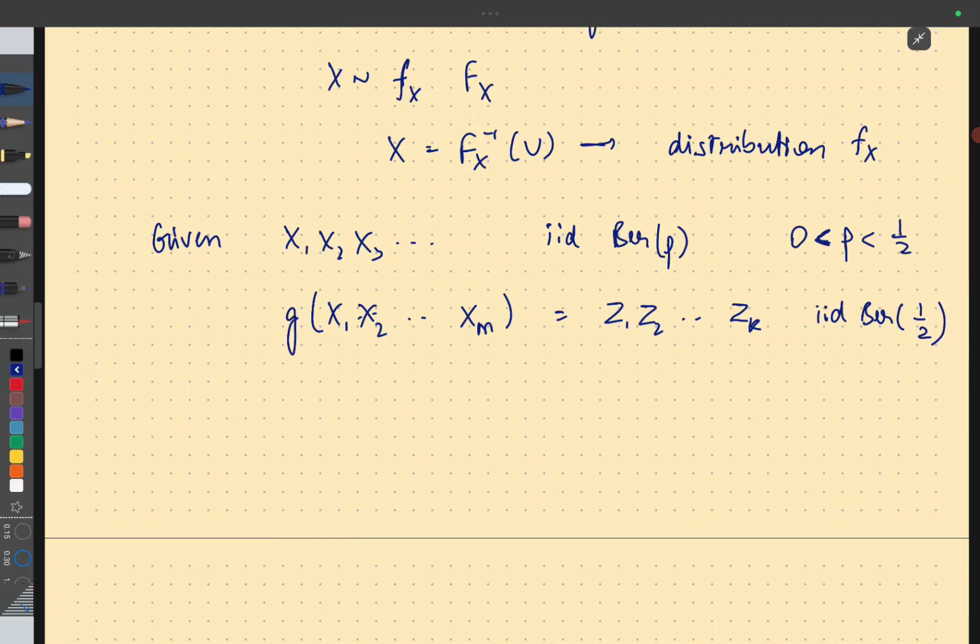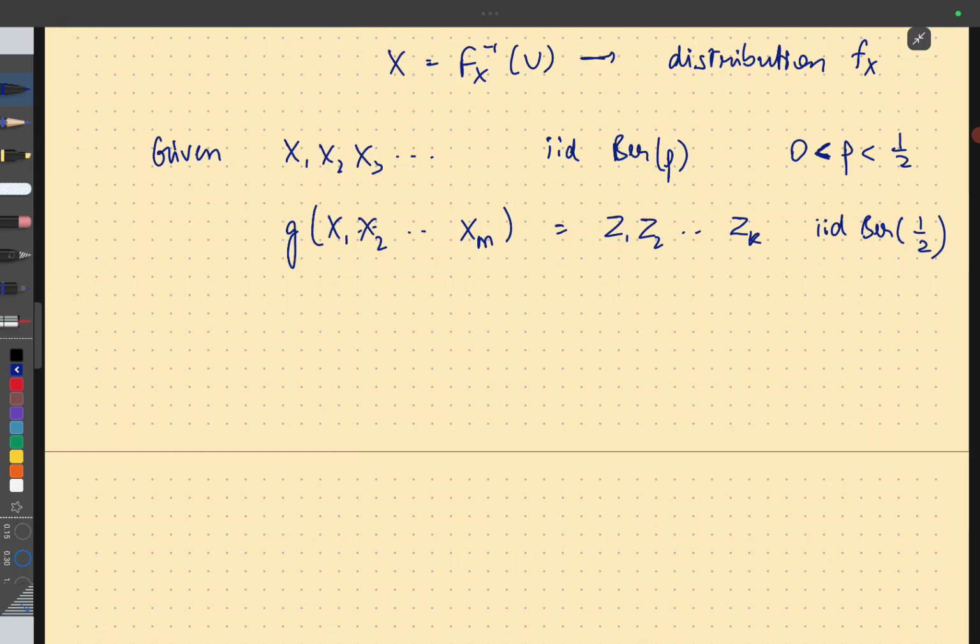We'll allow it to be variable depending on the realization as well. So think of this as you have a function that will output a Bernoulli p random variable every time you call it. You are allowed to make as many calls to the function as you want, but the goal is to output exactly k Bernoulli half random variables. Okay.